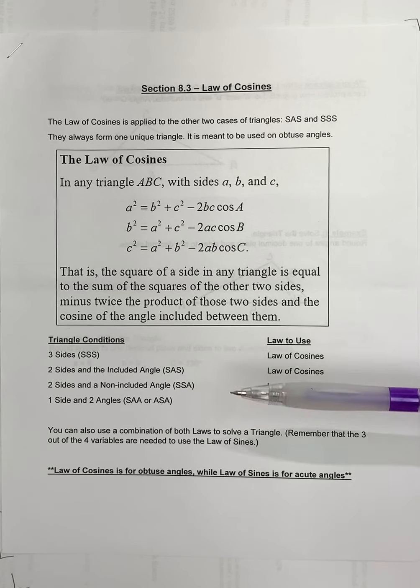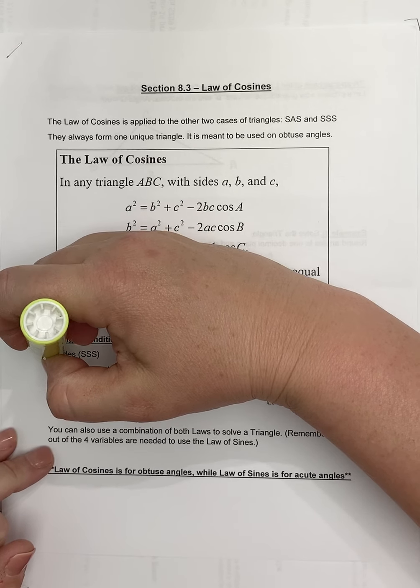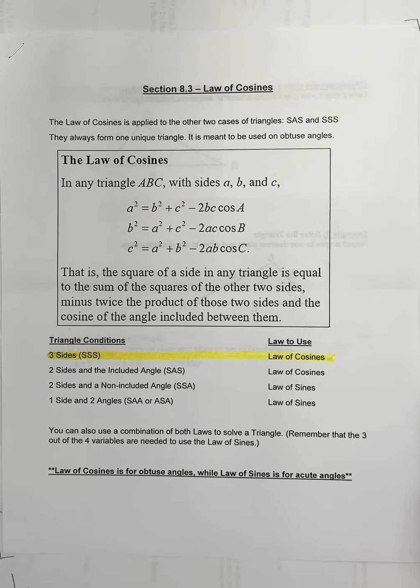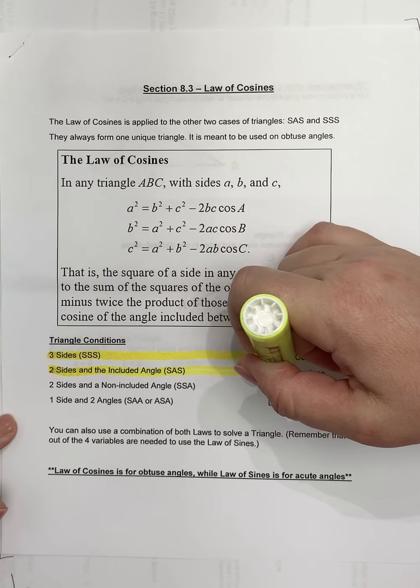Let's talk about four possible triangle conditions and the laws used to solve them. If we have a side, side, side triangle, we're going to use the law of cosines. Make a note, that's a MyMathLab question. If we have two sides and the included angle, that's why the A is in the middle of those S's, that's also the law of cosines.